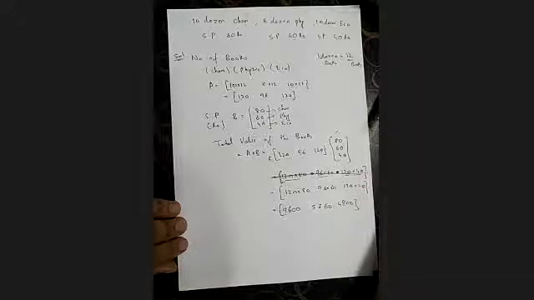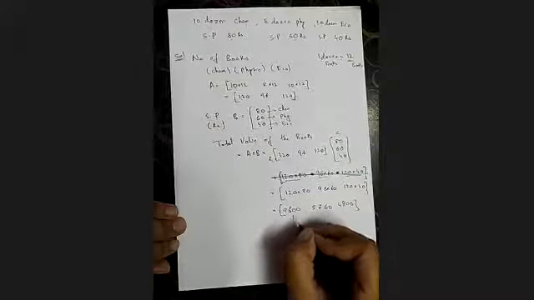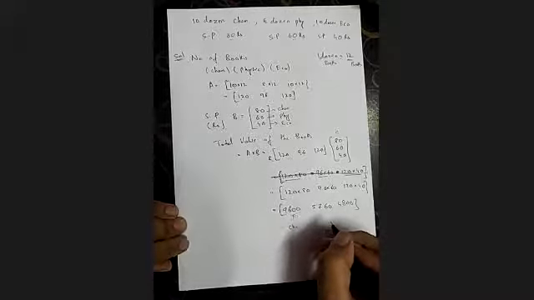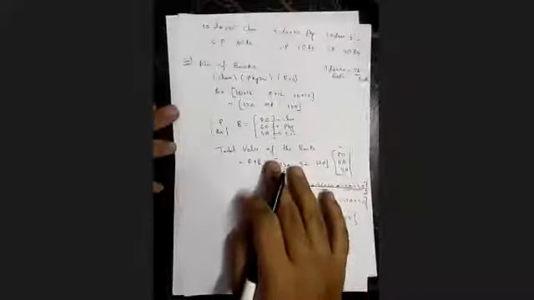So this is matrix algebra. Okay, so we got the value of each kind of book in rupees. This is for chemistry, this is for physics and this is for economics.